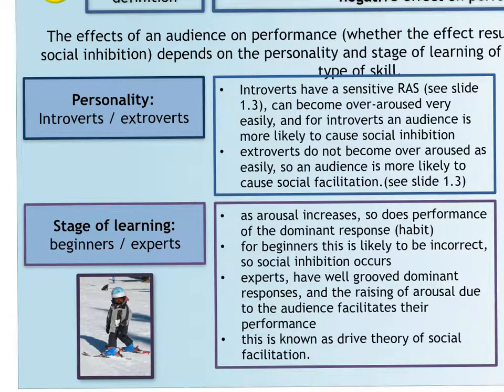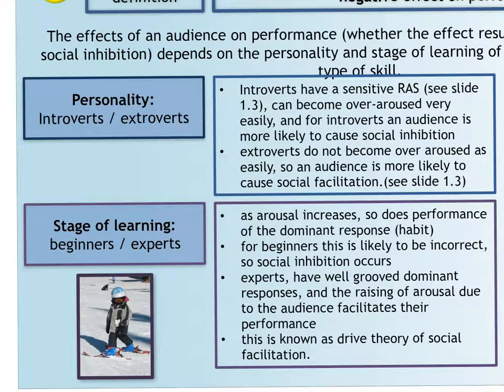When you're at the cognitive stage of learning, or a beginner, the dominant response isn't always correct, so an audience can make their life a little bit more tricky when trying to perform a skill. Experts have well-grooved dominant responses, and raising arousal due to the audience facilitates their performance.